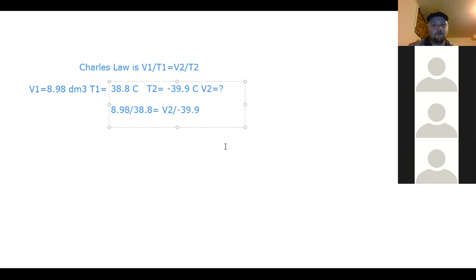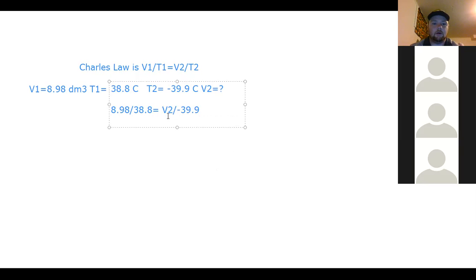Now, let's go ahead and figure out what this will be. Again, we should only have 3 sig figs due to 8.98 having only 3. So 8.98 divided by 38.8. Yes, 38.8 also only has 3 sig figs, so it doesn't really matter which one you use.